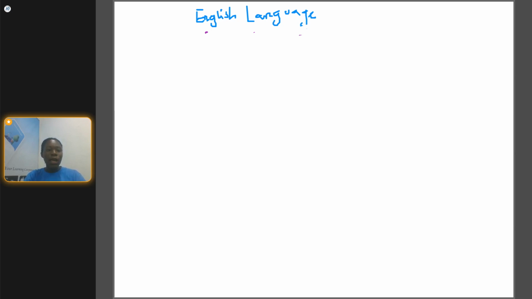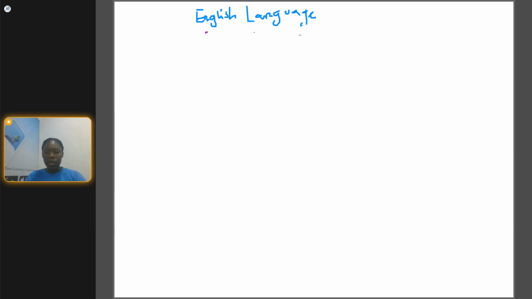It's not like one is going east, the other is going south. They are both facing the same direction. Just like we can picture what agreement is in our daily lives, we also have agreement in English grammar. So the first thing we are looking at is the subject verb agreement.